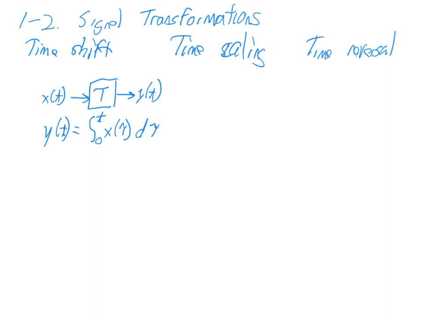So that would be an example of a system. And indeed, we're going to see a lot of integrals of this form later in EE3032. So that's an example of a very useful system.